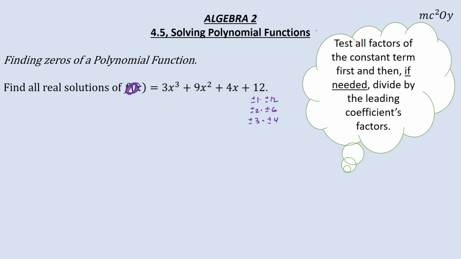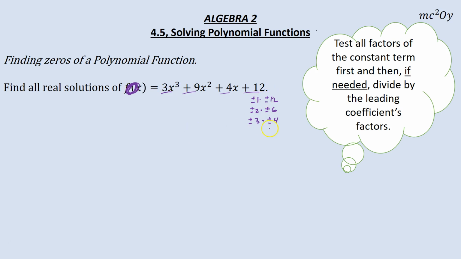Okay, so just because that's easier if it works out. So I look at it and go, okay, well, does 1 work? Well, remember my test for 1 is really fast. I can just add up my coefficients. So 1, 9, 4, and 12. Well, they're all positives. Well, that's not good, because when I'm adding a bunch of positive numbers, there's no way I'm getting 0. In fact, by knowing that these are all positive, that helps me to rule out any positive number here.